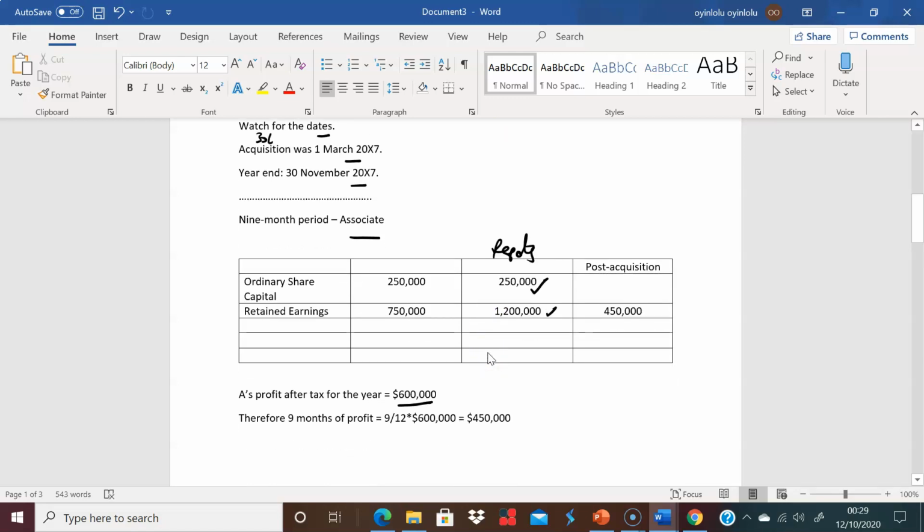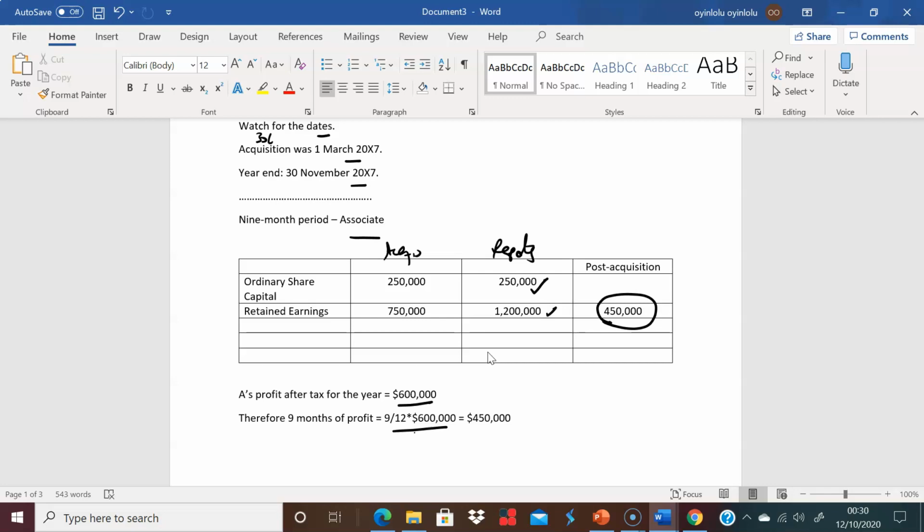Well, you turned up 3 months into the year, right? Because you had your share there for 9 months, which means that you will only be involved in 9 months of that profit. You will only have access to 9 months of that profit. If you have 9 months access to that profit, that means that you must have acquired them on the 1st of March, assuming profits accrue evenly, which we do assume. Not that you need this at all, but just so you know, retained earnings must have been 750,000 when you acquired them, because between here and here, there's 450,000.